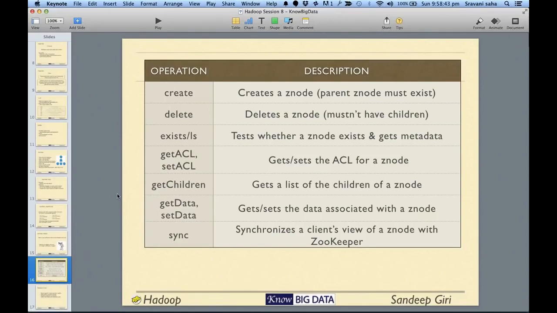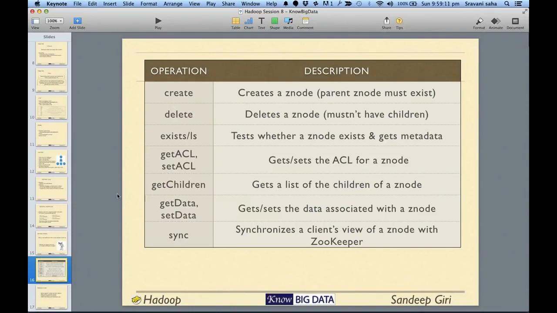You can say that this node is only available to these users, this node is only available to these roles. That is access control. So it gives you a way to set access control and get access control. Get children gets a list of children of a znode, and get data and set data update the data.